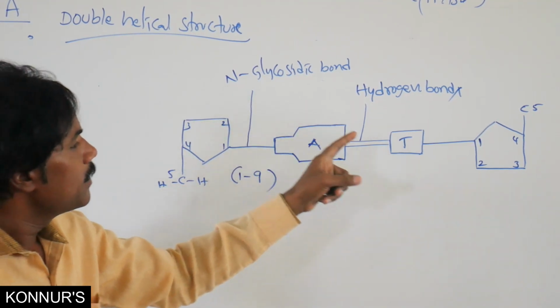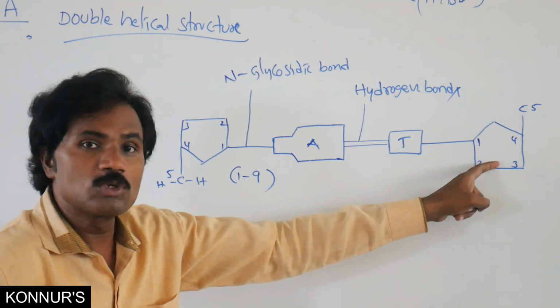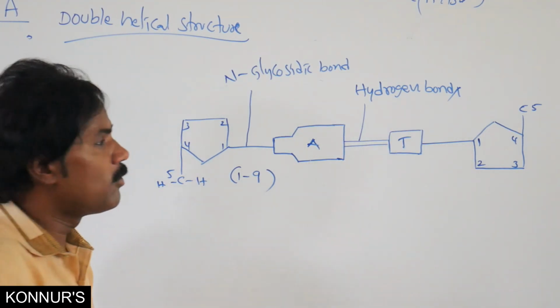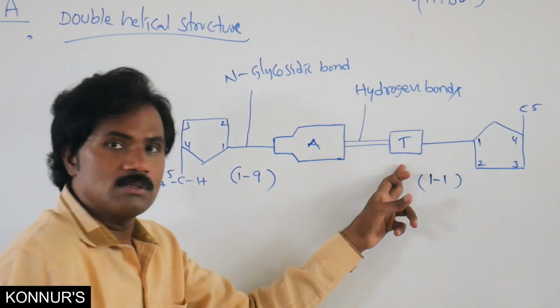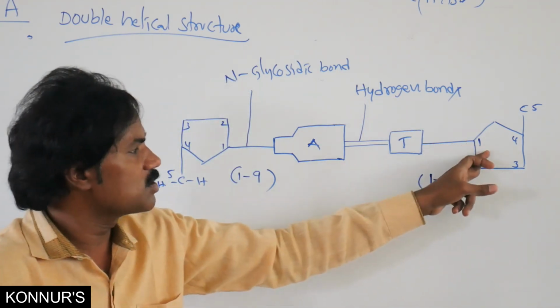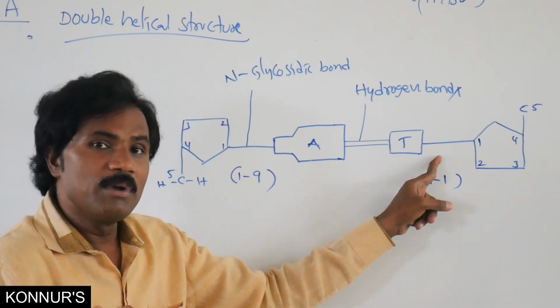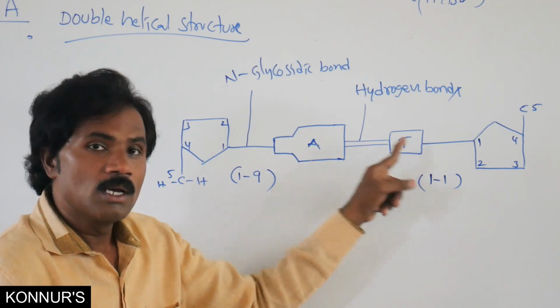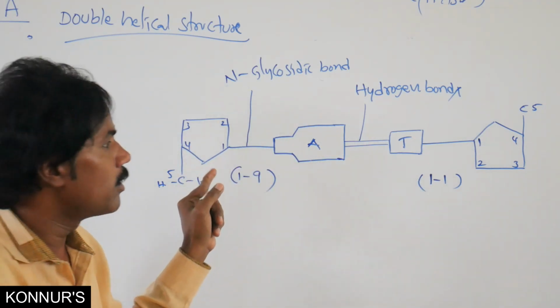For the glycosidic bond between pyrimidine and pentose sugar, what type? 1, 1. Here first carbon, there also first carbon, it is connected. So 1, 1 glycosidic bond between pyrimidine and pentose sugar, and 1, 9 glycosidic bond between purine and pentose sugar.